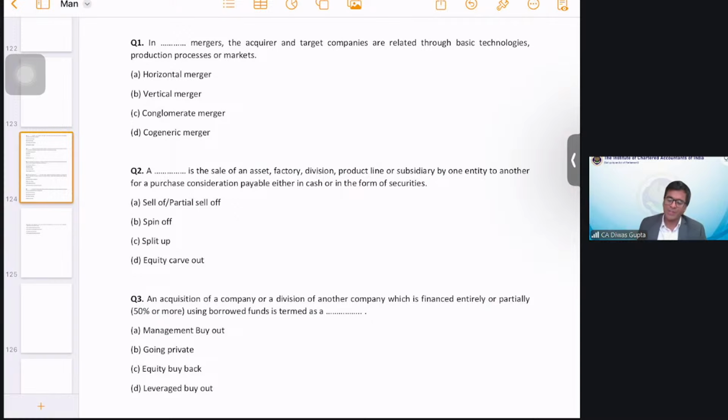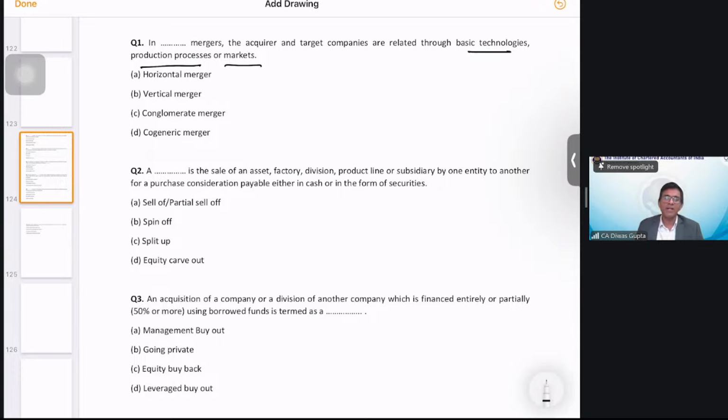In dash mergers, the acquirer and target companies are related through basic technologies, production process, or markets. Is it horizontal merger, vertical merger, conglomerate merger, or congeneric merger?